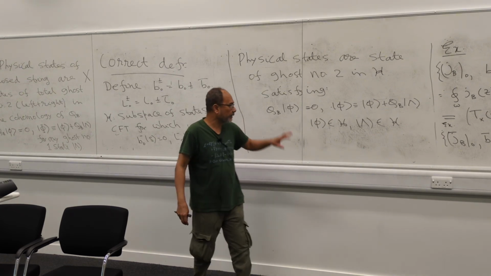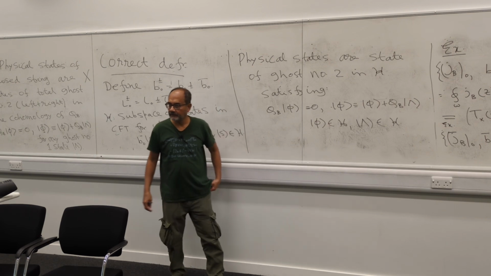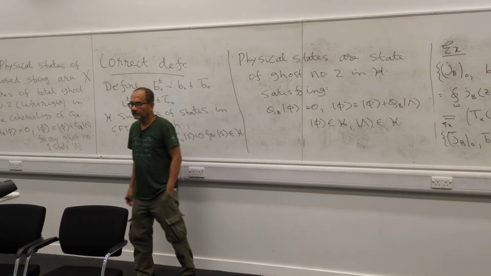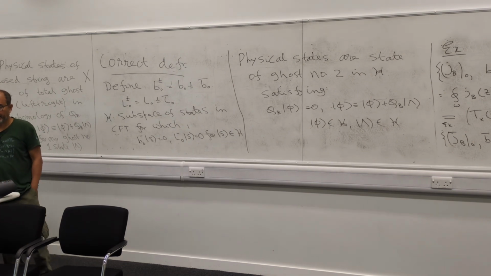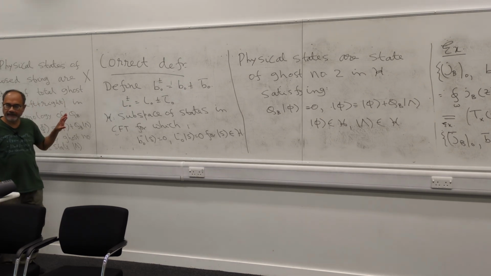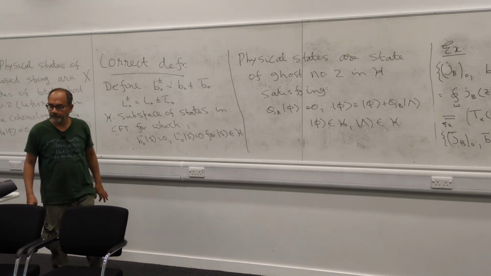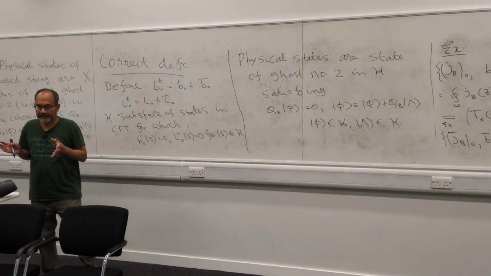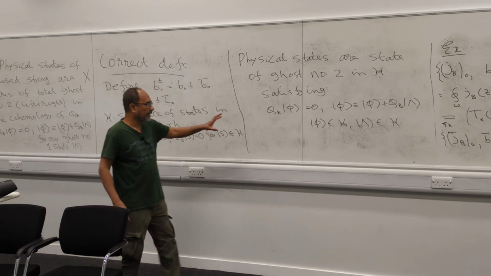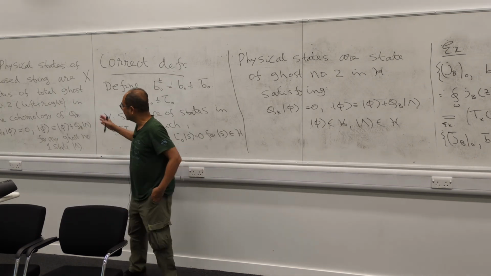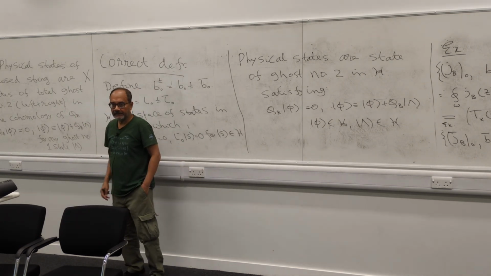So that's why we restrict to subspaces of this kind. But for most practical applications it doesn't really matter, because even if you use this definition, you can always find an element of the cohomology in that subspace. But in some special cases it does matter. There are some physical states that appear here, but which cannot descend from this definition.